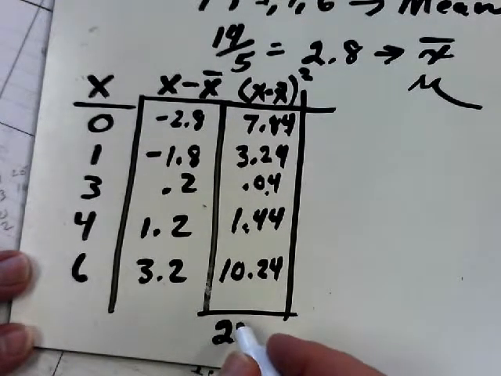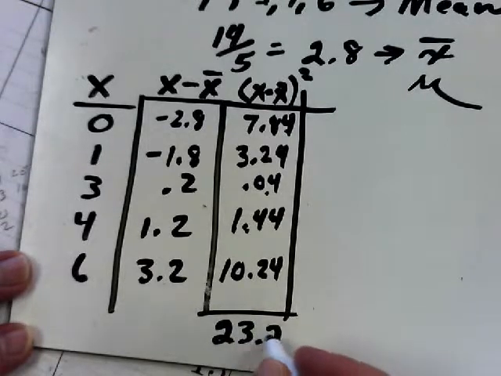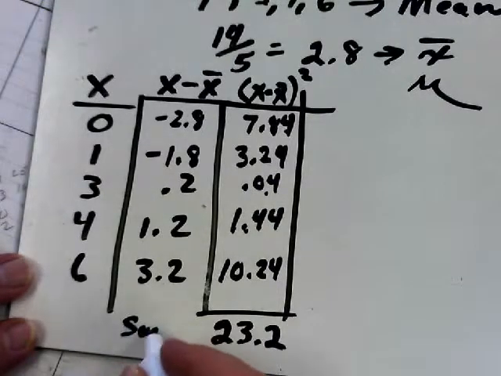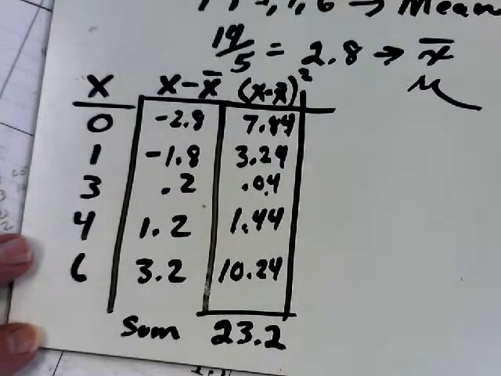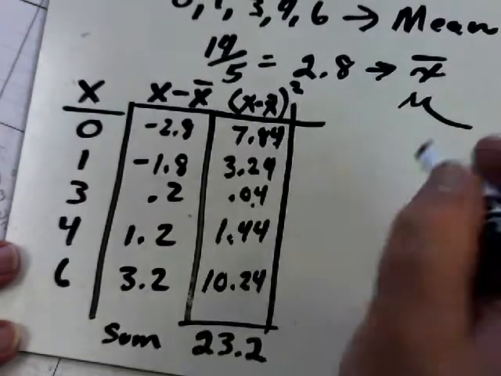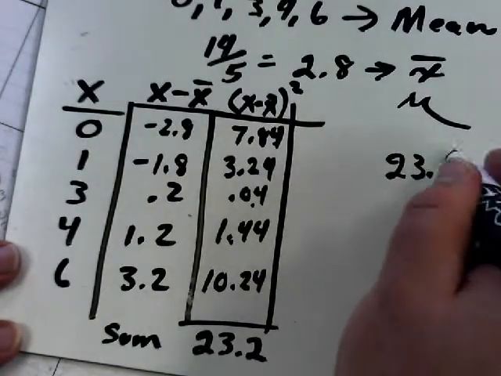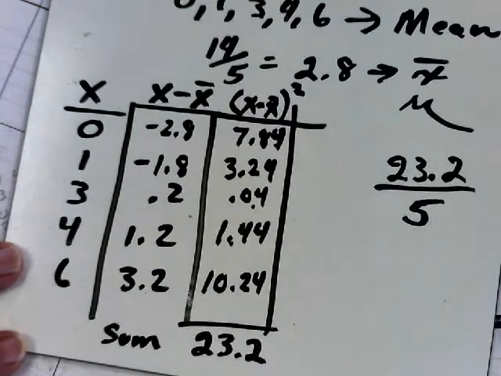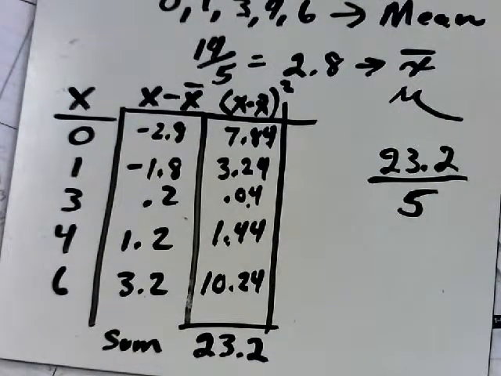That's 23.2. Okay, this is called the sum. I'm going to take that 23.2 and divide it by how many items there were. In this case there were 5, weren't there?